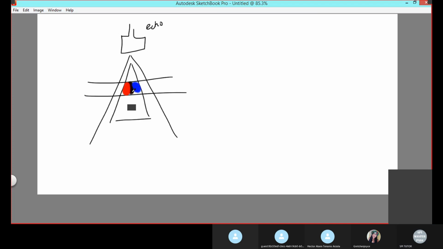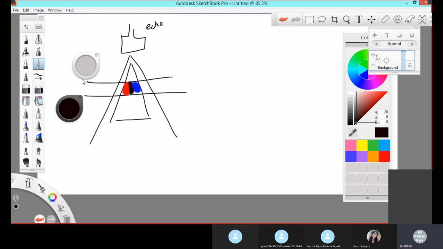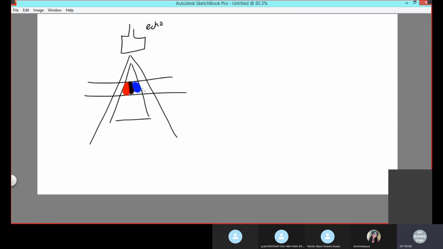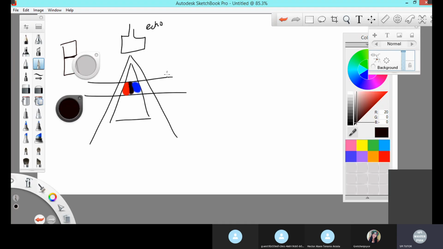This is what the book shows you inside the color box. It shows you red, black, and blue. And then they give you a color box.